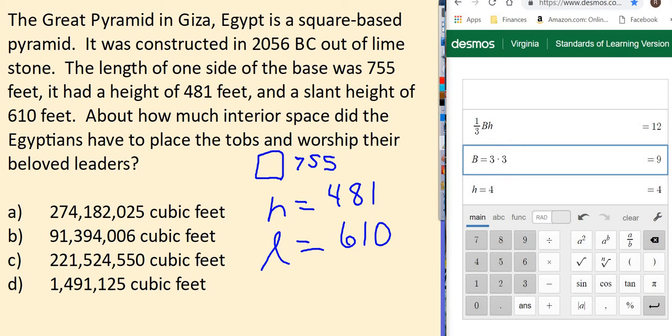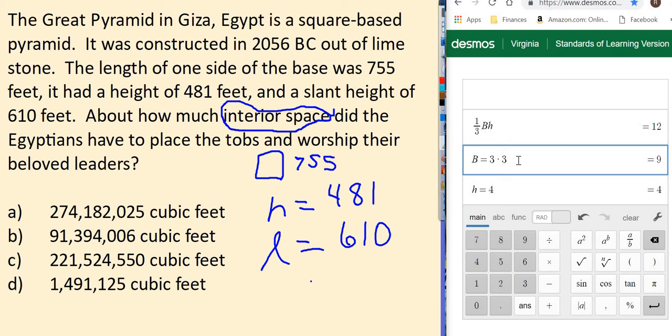Again, use your formula sheet, look at the pictures, use the pictures there to figure out what's the difference between height and slant height, etc. Now, it says about how much interior space did the Egyptians have to place the tombs and worship their beloved leaders. I think that should be tombs, not tobs, but anyway. Interior space, so that is definitely volume.